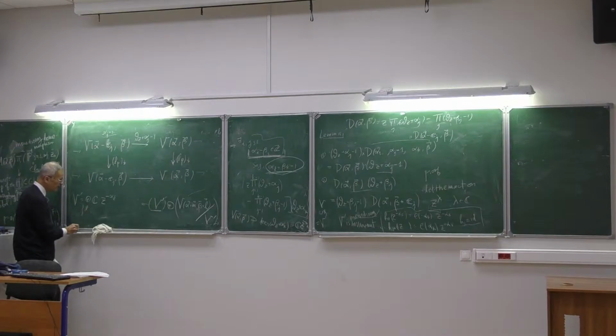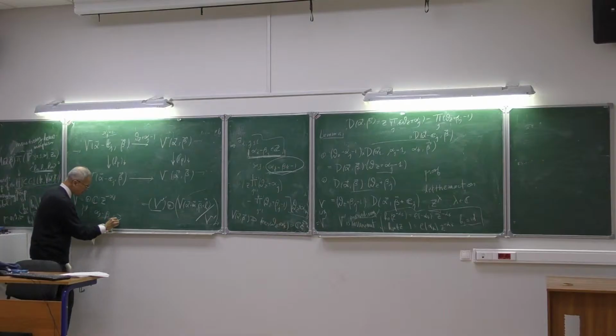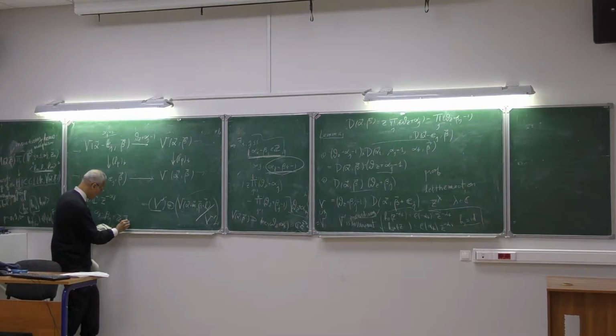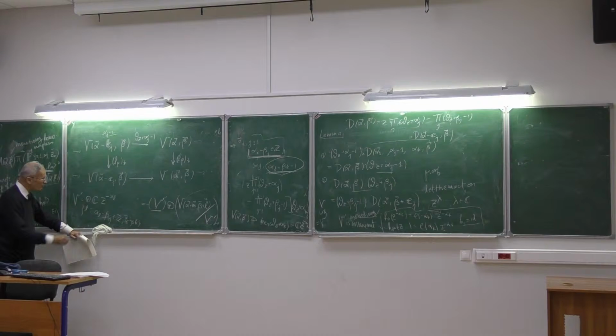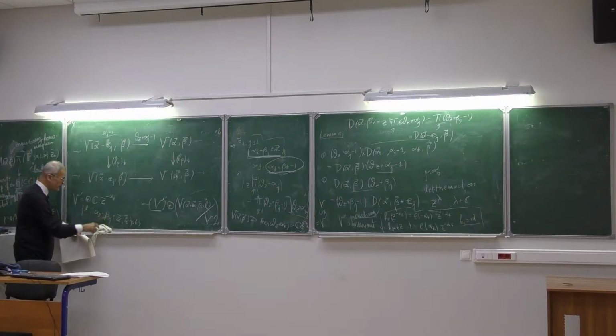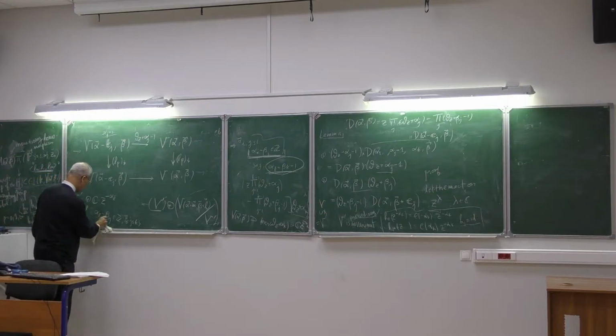such that alpha L minus beta J is an integer for some J. So alpha L runs over all these parameters.